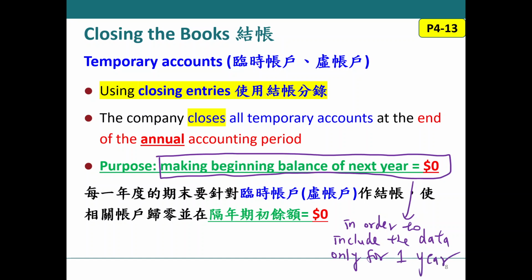So this is why we need to close the book. Make the numbers become 0. Then next year, we start from 0 to continue to include the data only for next year. Okay?